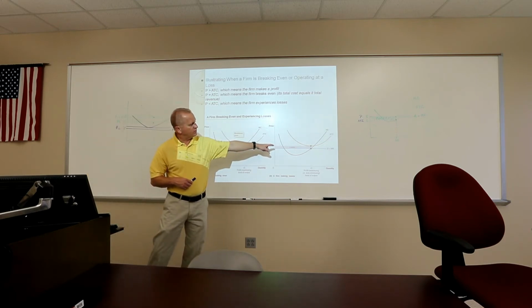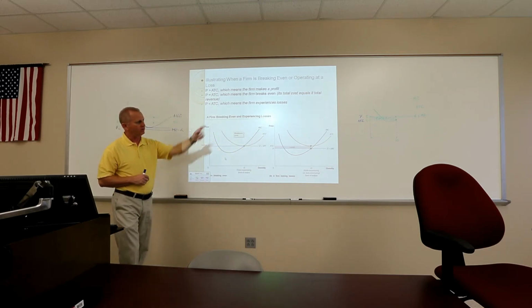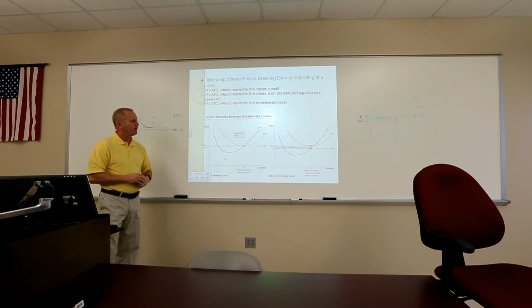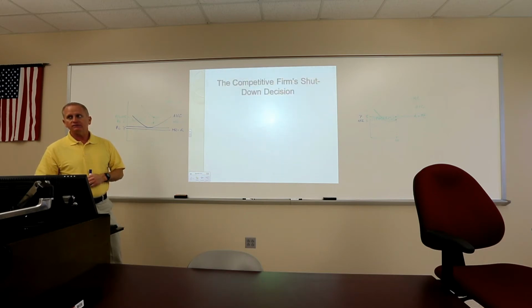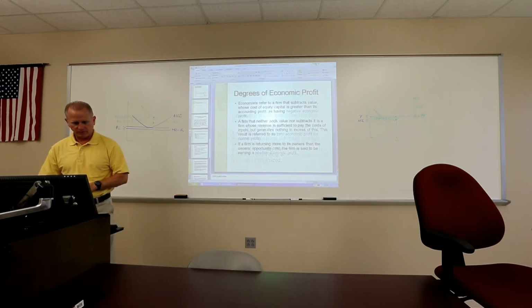This is an example of negative economic profit. Obviously, they're losing money here. And the one over on the far right is an example of positive economic profit. Now, we also call zero economic profit normal profit. So let me go back to where we were. There we go, zero economic profit or normal profit.